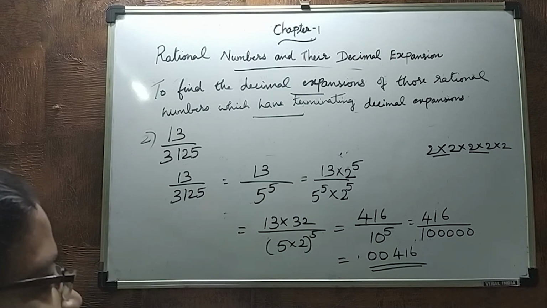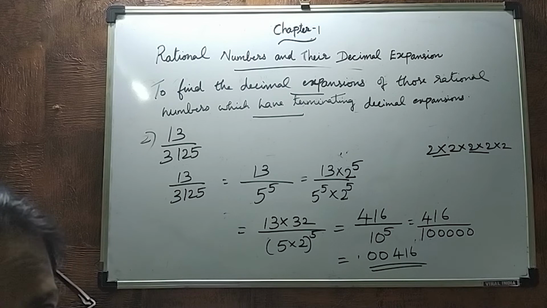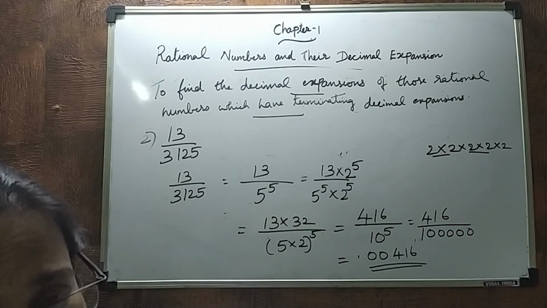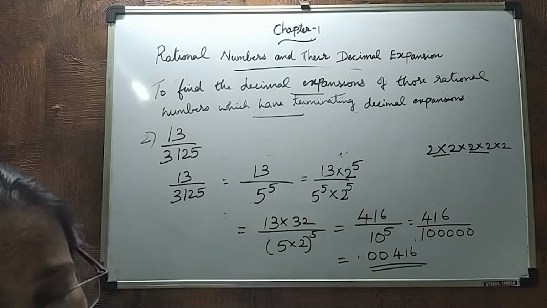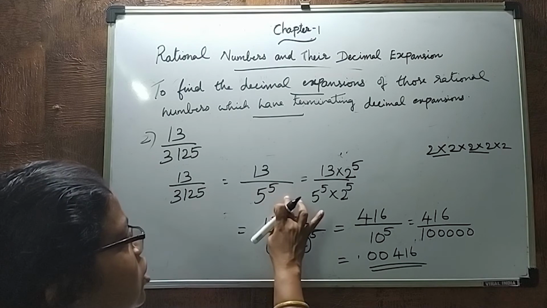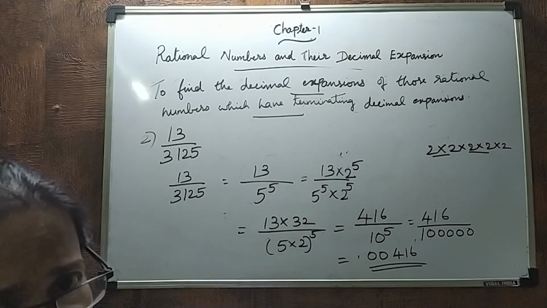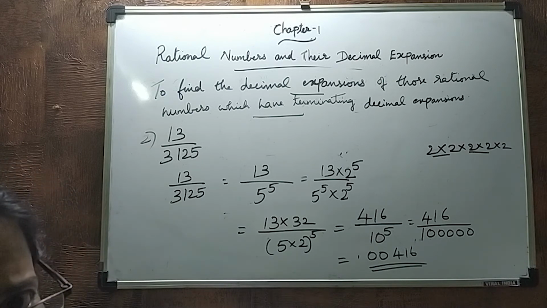So once again I tell you, here only 5 raised to 5 is there. For the decimal expansion they did not ask you to find out whether they are in the form of 2 raised to m into 5 raised to n. If they ask you to check whether it is in the form of 2 raised to m into 5 raised to n, here you can write 2 raised to 0 is there. It will terminate. They will ask you to find out whether it is terminating or non-terminating repeating.